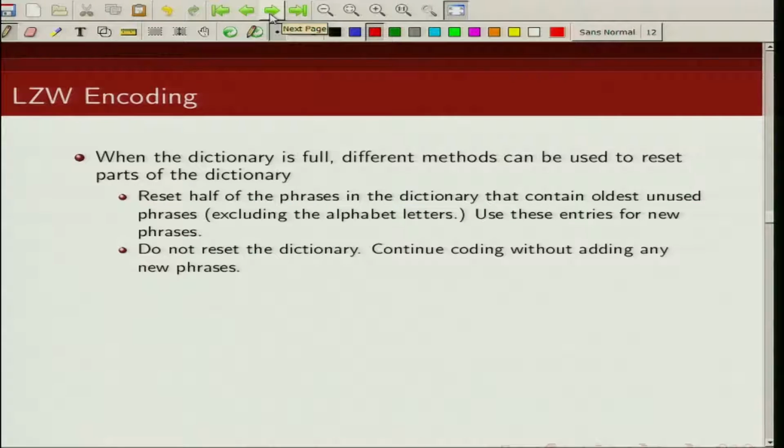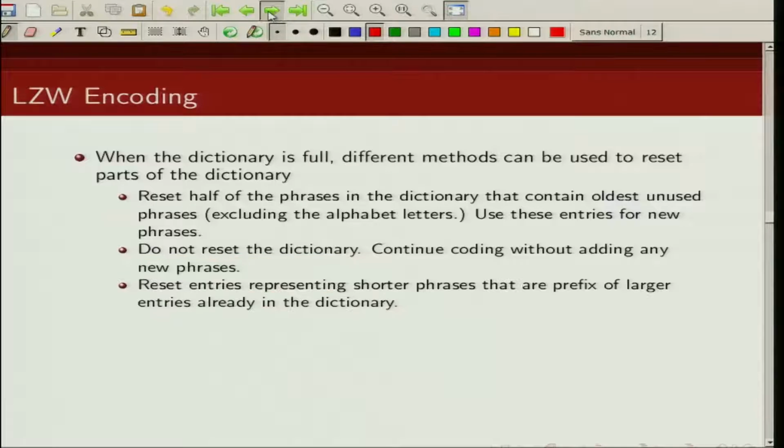Or the second approach could be, we do not reset the dictionary, we continue coding with the same set of phrases that are already there in the dictionary. So we do not update the dictionary and we continue coding using the older phrases. Another approach could be, we reset entries corresponding to short phrases that are already prefixes of larger entries, and these larger entries are already there in the dictionary.